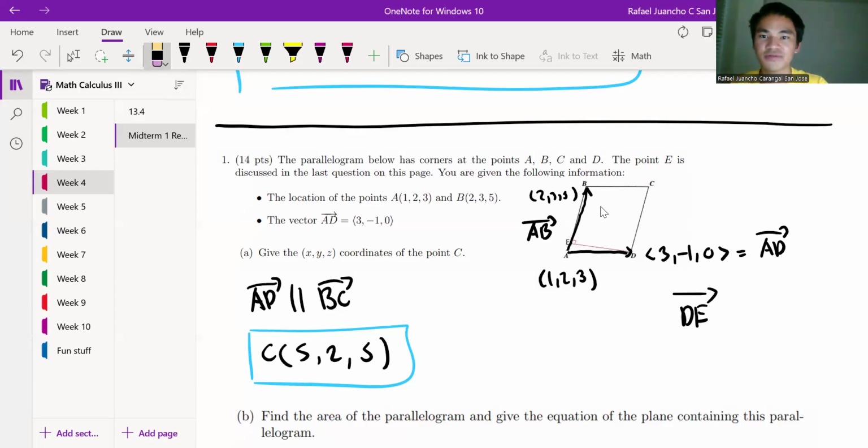What's the solution? Let me see how he did it. Oh my God, it's a projection question. AE, wow. How is it a projection question?